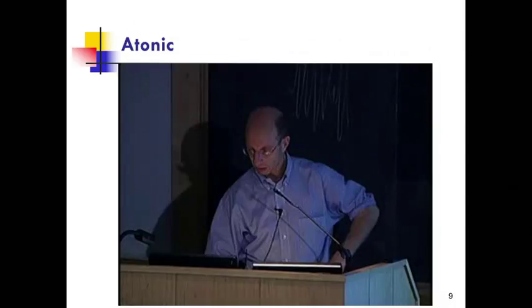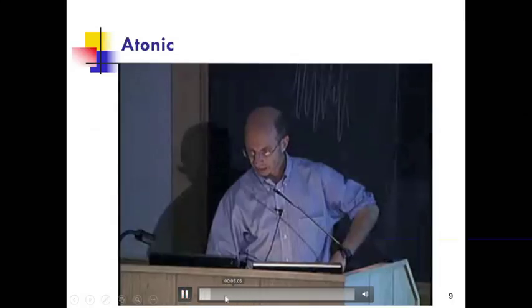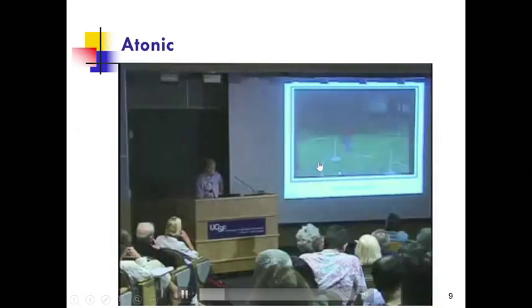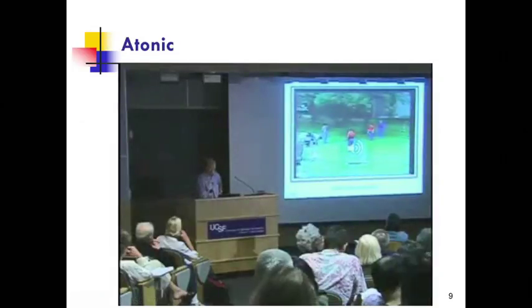Atonic, a very interesting one. Atonic or akinetic. When the seizure happens, the individual loses muscle tone. If it's the muscles of the neck, the head will sag. If it's the legs, the person falls down. Somebody is falling, yeah.